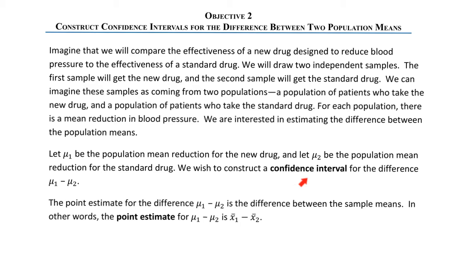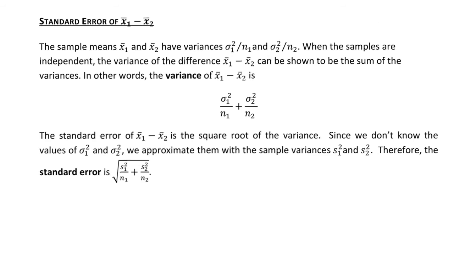We wish to construct a confidence interval for the difference mu1 minus mu2, that is, the difference between two population means. The point estimate for the difference between two population means is the difference between the sample means. In other words, the point estimate is x1 bar minus x2 bar, the difference between the sample means.